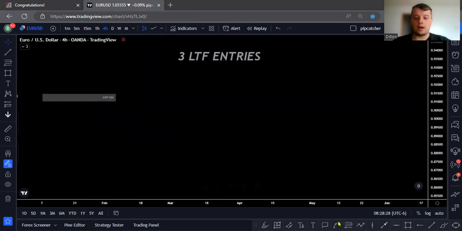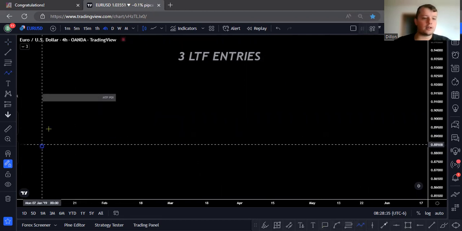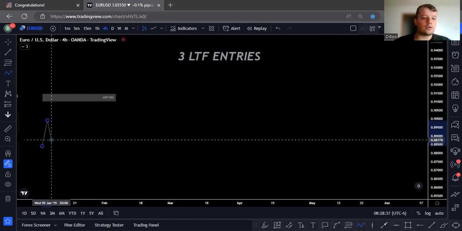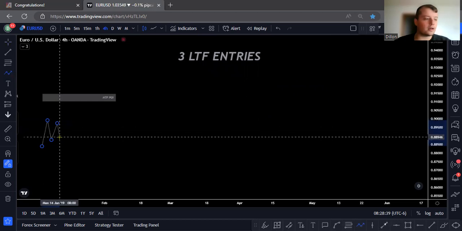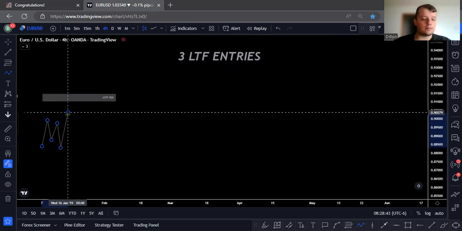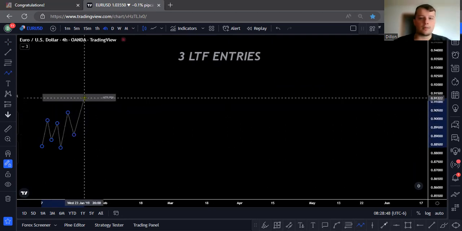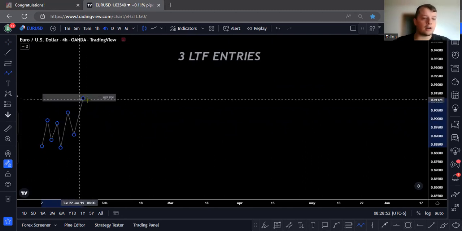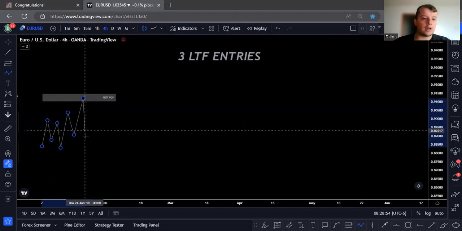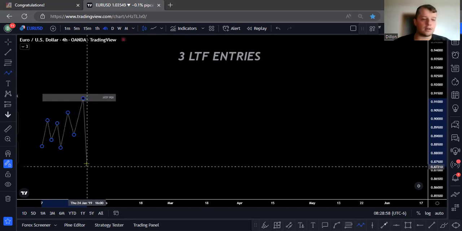One entry that you can look for right here is when price is coming up to your point of interest and it's getting closer. You see that rejection off of your higher time frame point of interest, and a huge drop to the downside.